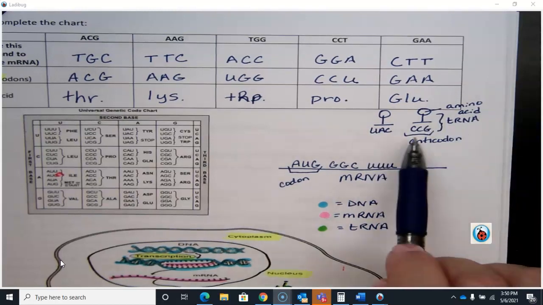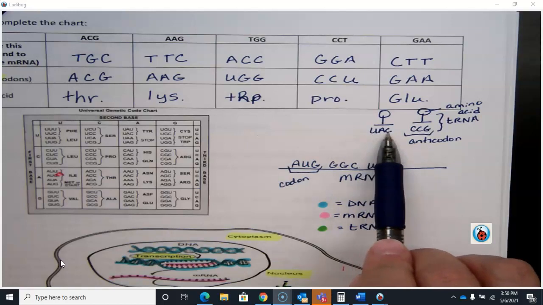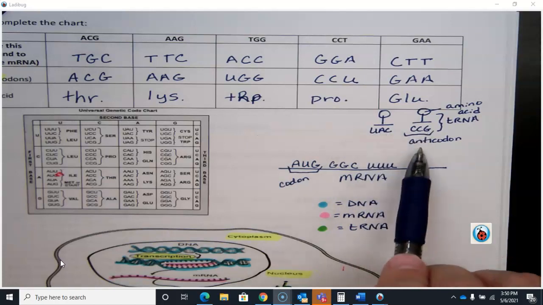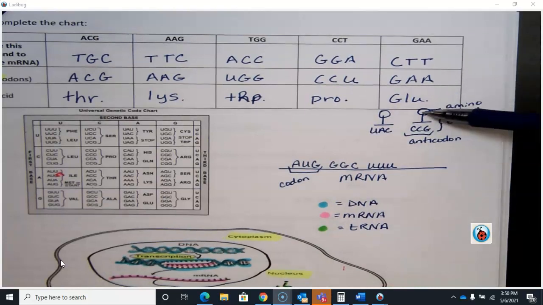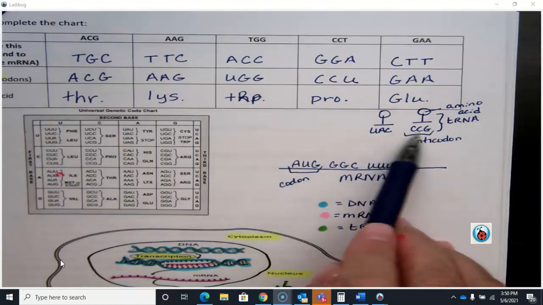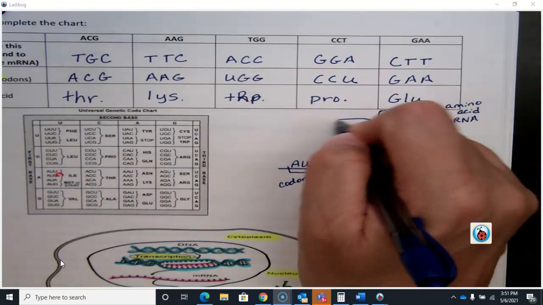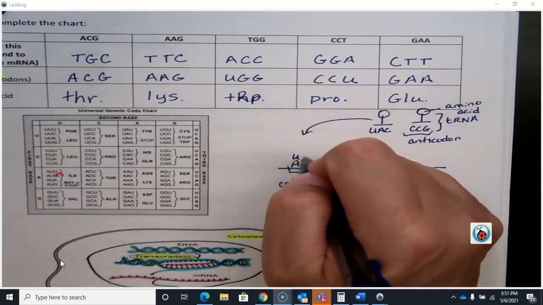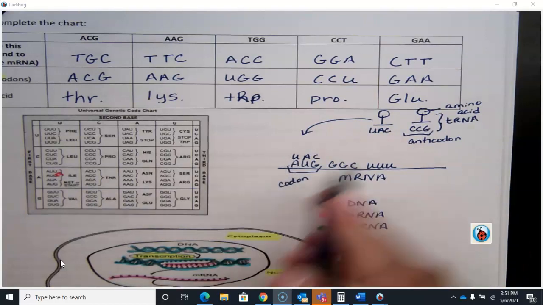And remember, transfer RNA has these triplets called anticodons. So UAC, CCG are anticodons. And the job of transfer RNA is to deliver the amino acids to the ribosome. So which anticodon is going to come here and base pair with AUG? This one would. So UAC, that anticodon, will base pair with the codon AUG.